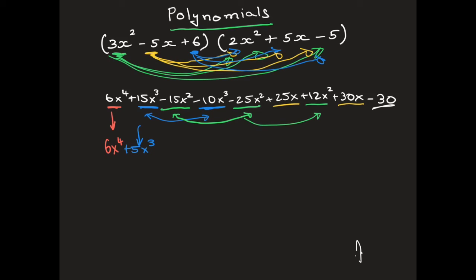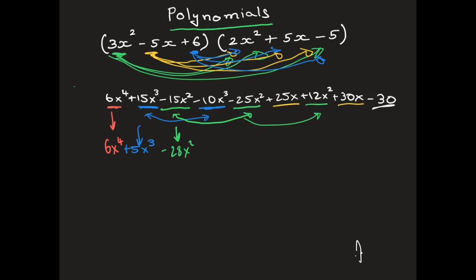If we think about it this way, we'll take 40 minus 12, and we'll get 28. Since we had negative 40, that would be negative 28. So let me write this. So minus 28x squared.